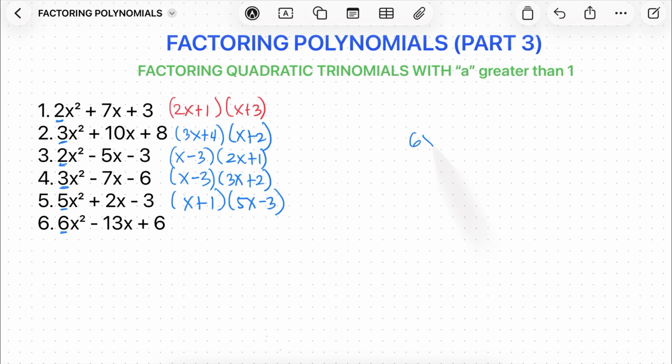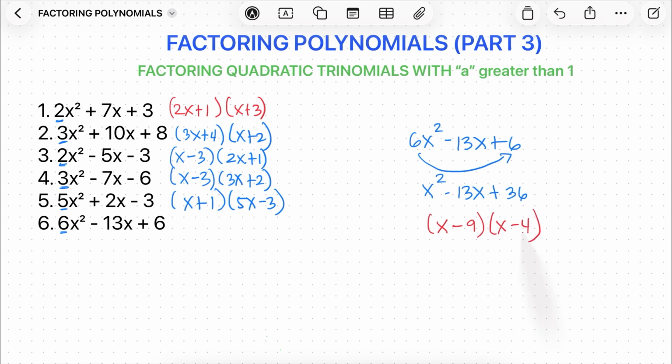Last example, we have 6x squared minus 13x plus 6. Multiply, x squared minus 13x plus 36. So factors of positive 36 that if we add is negative 13 will be negative 9 times negative 4, right? Because negative 9 times negative 4 is positive 36. Negative 9 plus negative 4 is negative 13.